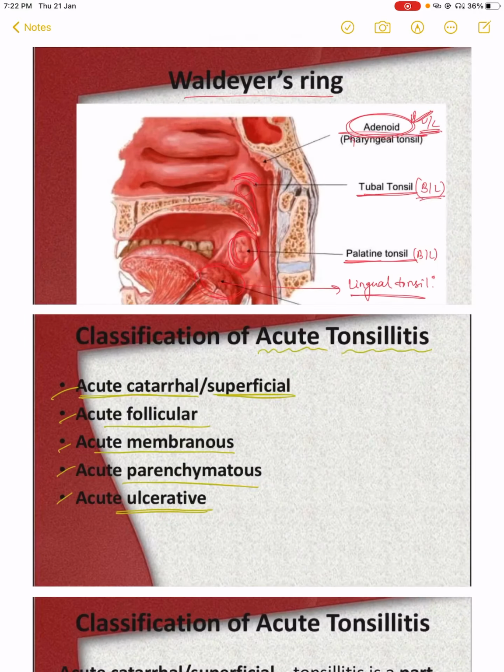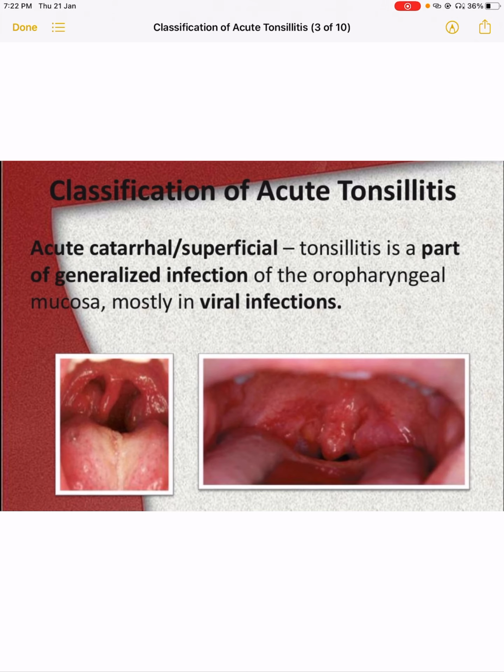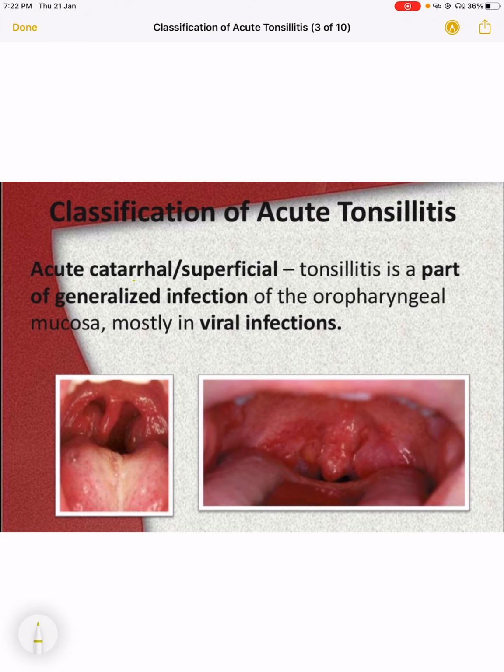Then first of all we will see acute catarrhal tonsillitis. What do you mean by acute catarrhal or superficial? The infection is present superficially. The tonsillitis is a part of general infection of the oropharyngeal mucosa, mostly in viral infection.